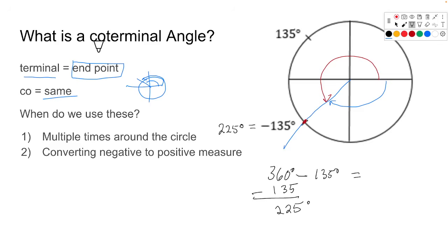That's the idea of a coterminal angle. Maybe I really shouldn't say that they're equal, but they are coterminal. So let me take that out. That's just my way of thinking. They're coterminal. What's equal about them is their endpoint. But again, because they were measured differently, there's also something different about it.